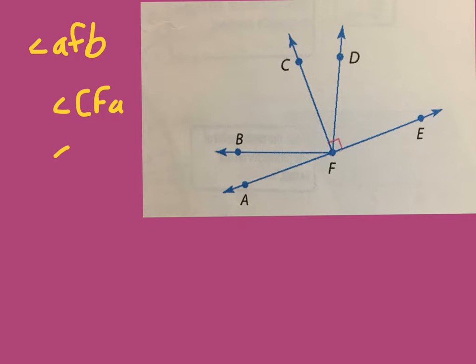Third one is angle AFD. And the fourth angle is going to be CFD. So pause this video, classify these 4 angles right now, and then unpause it when you're ready for the answer.